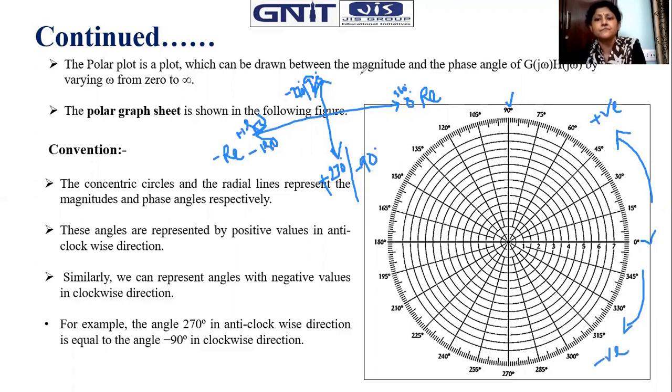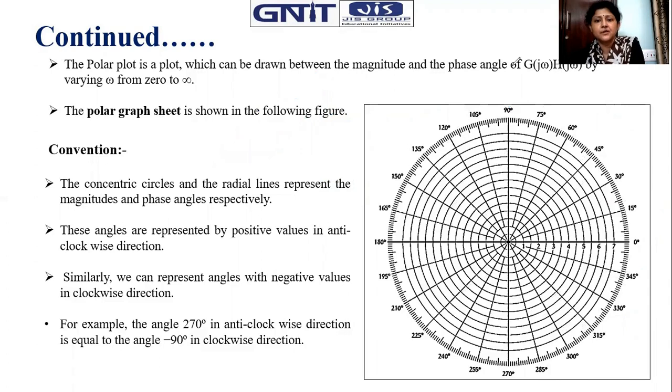Let me do a sketch. By convention, concentric circles and radial lines represent the magnitude and the phase angle respectively. Angles are represented by positive values in the anti-clockwise direction, and similarly we can represent angles with negative values in the clockwise direction, as I have explained.